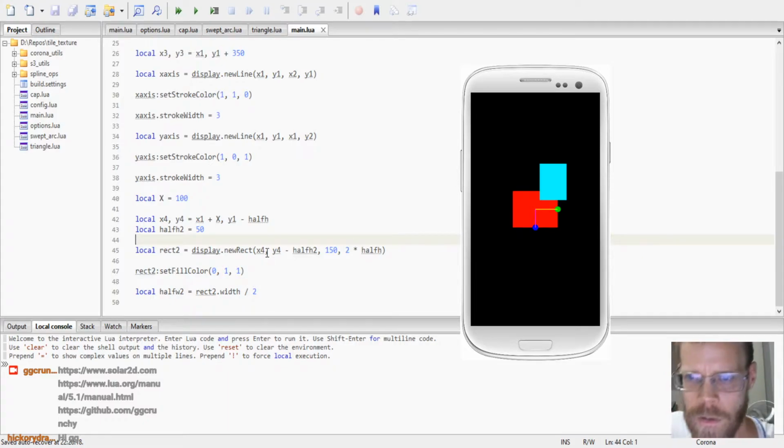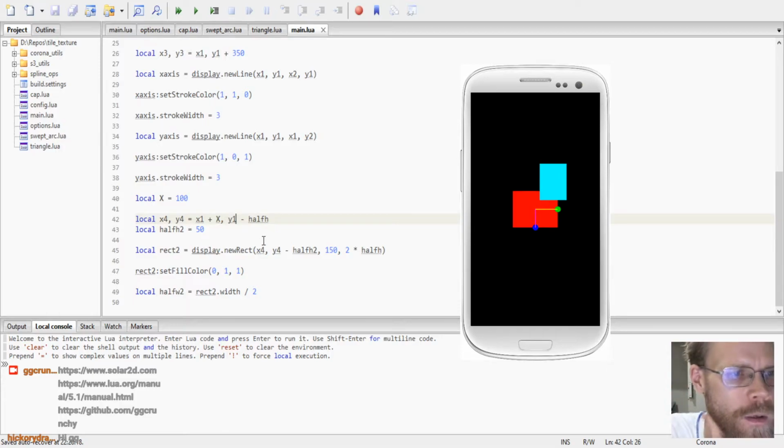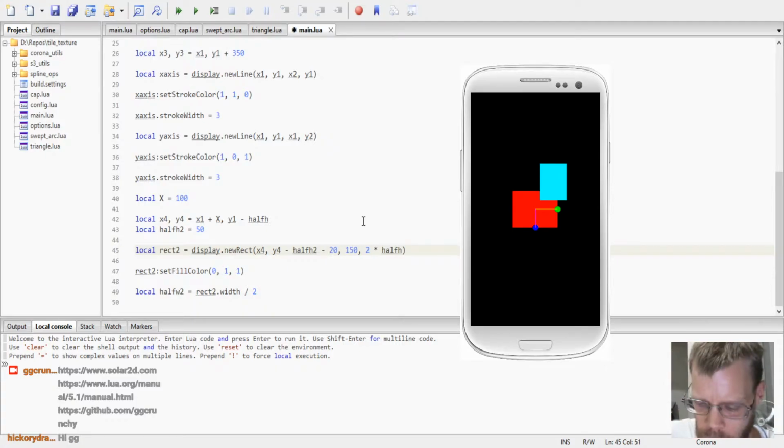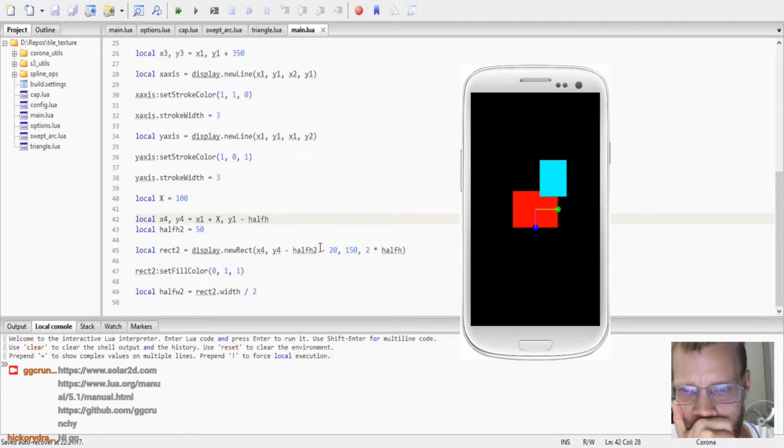Not seeing it. Let's see. So if I just add some to this, I'm short.